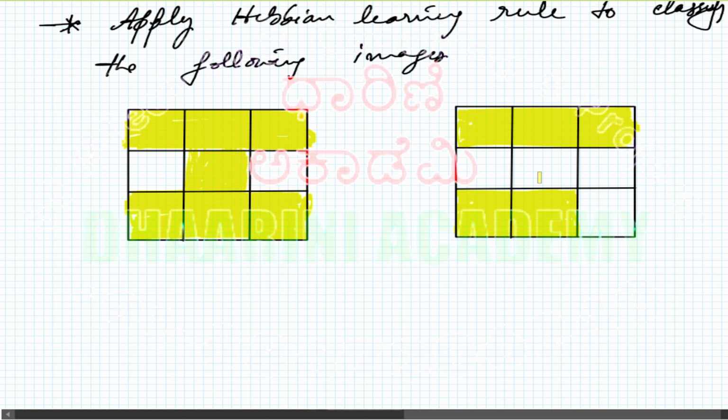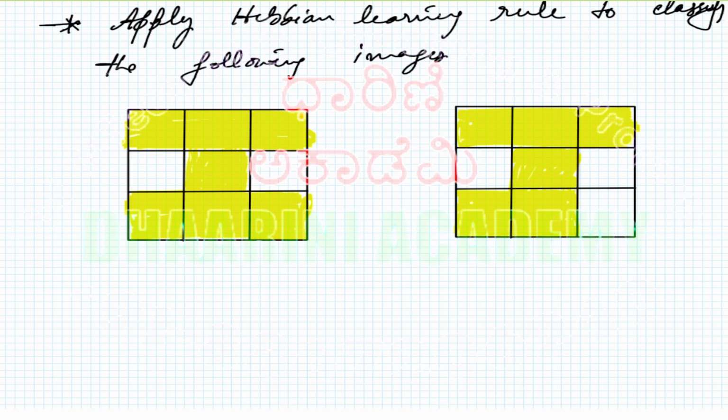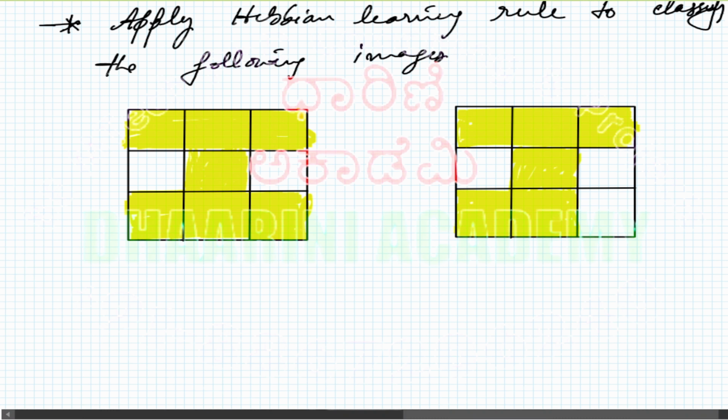So this is something like a J for you. If the first one is I, the second one is J. So the question is that you have to develop the learning rule, and ultimately obtain the final values of the weights and the bias in such a way that you are able to classify when I is given and when J is given.